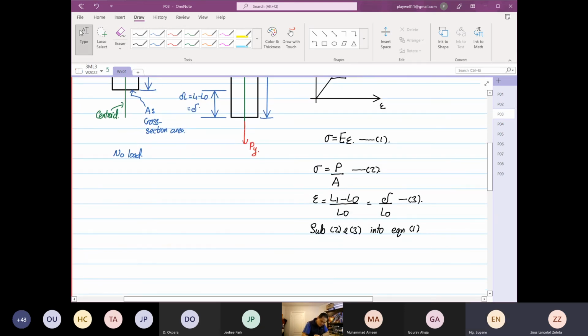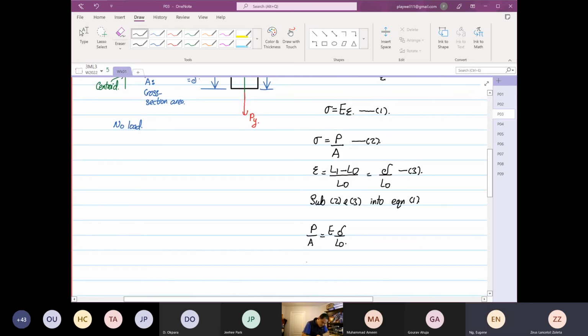So we have P over A is equal to E delta divided by L naught. And then finally, delta is equal to P L naught divided by AE.